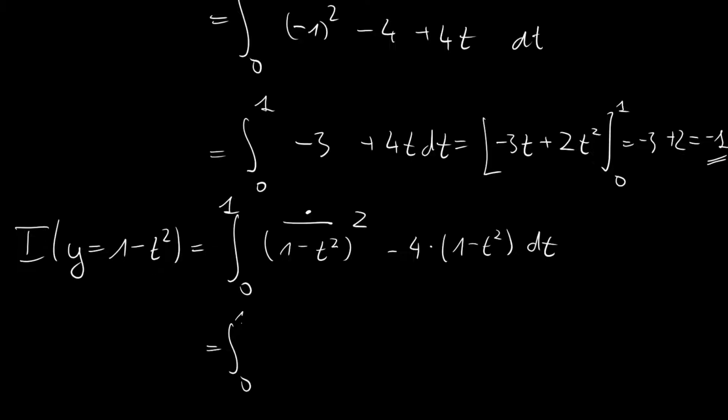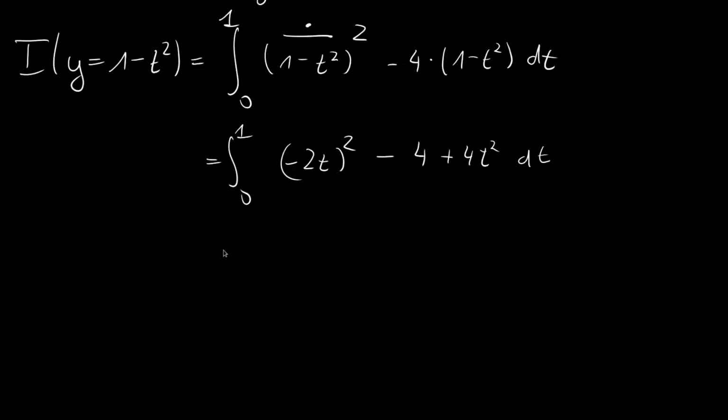And then let's first take the derivative, which will be minus 2t in brackets squared, minus 4 plus 4t squared dt. Then let's evaluate the square, and we're getting 4t squared minus 4 plus 4t squared, which makes 8t squared minus 4 dt.